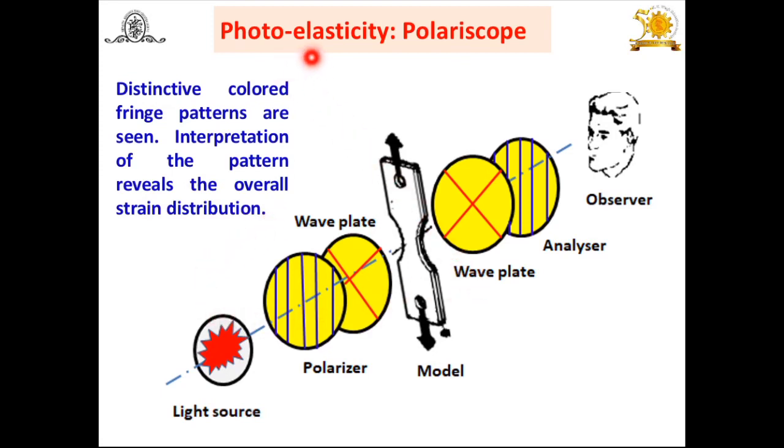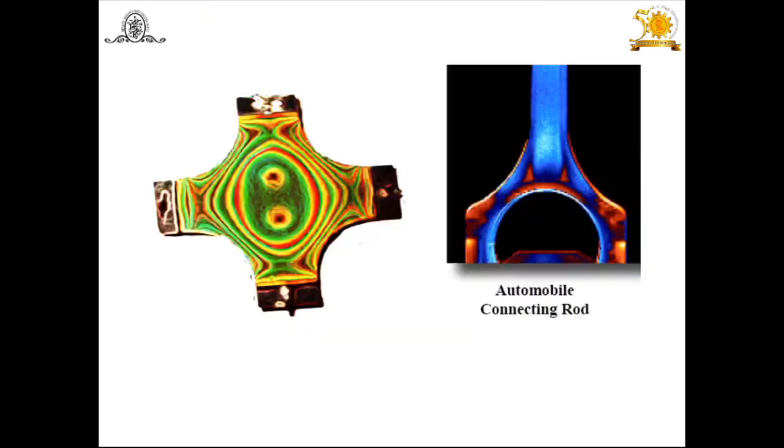By using the photoelasticity method or polariscope, if you would like to have a change in geometry or cross section, different models are prepared in the laboratory, and tests are carried out using the polariscope. Different fringe patterns are obtained for different shapes, sizes and geometries, and this interpretation shows where you will get the maximum stress concentration, straining or deformation of the component.